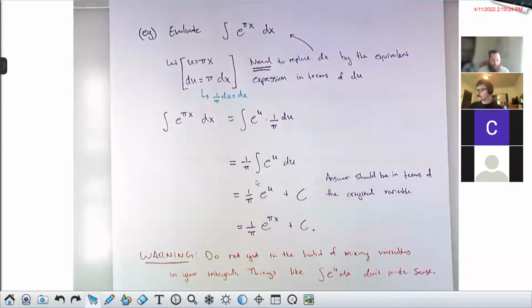Number one bad habit when we're first learning U-sub is to write expressions like that, and then just get kind of lost about what is a constant and what isn't a constant, what can pop out, what can't pop out, how you're integrating or differentiating, what is a variable and what is not. Very, very dangerous.